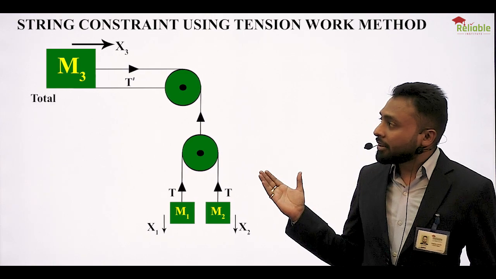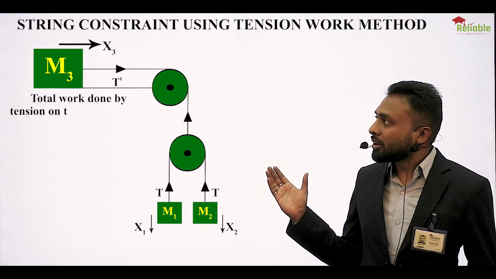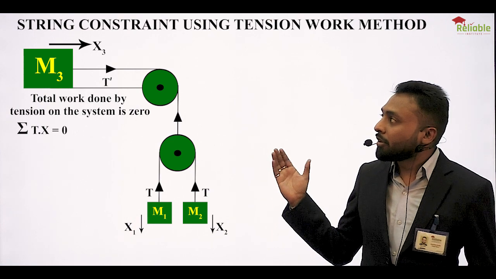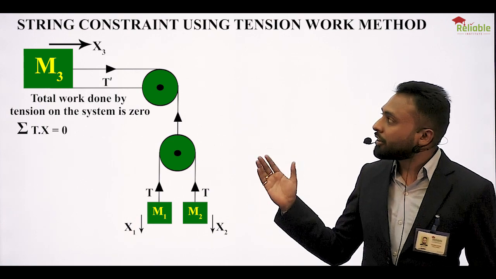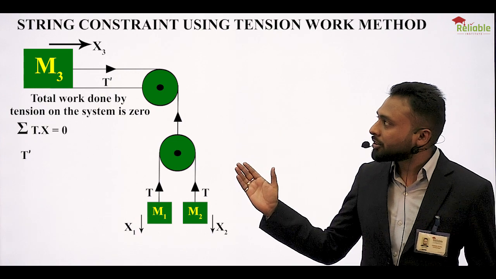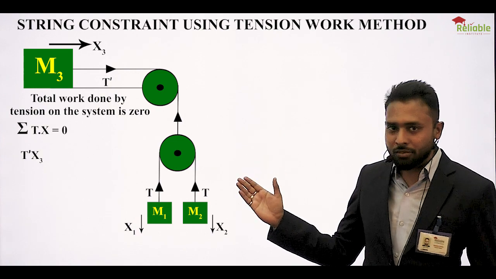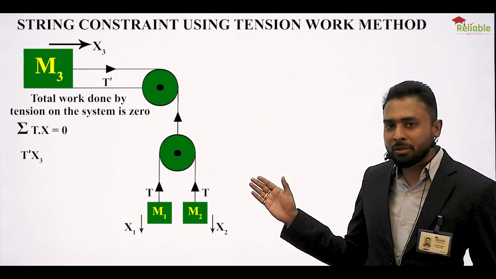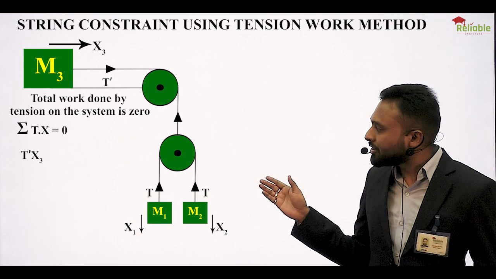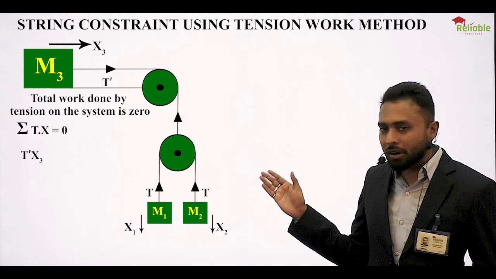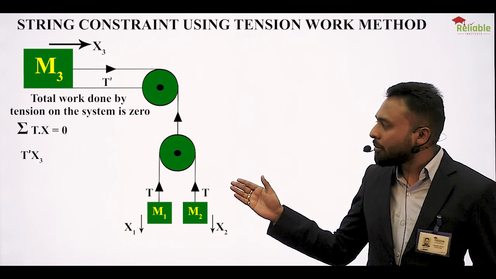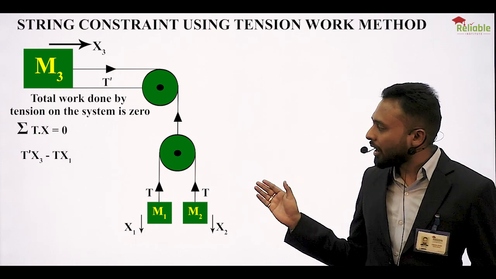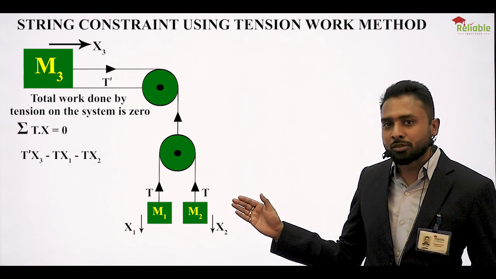Using the work method, we can say that the work done by tension on the system is 0. So writing the work done by tension on each block, for M3 it would be T dash into x3, positive work of tension. For M2 and M1, displacements have been assumed in the downward direction and tension is acting in the upward direction, so the work done will be negative: for M1 it would be minus T x1, and for M2 it would be minus T x2.